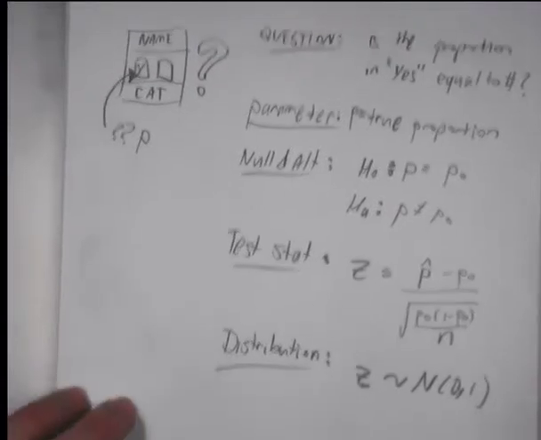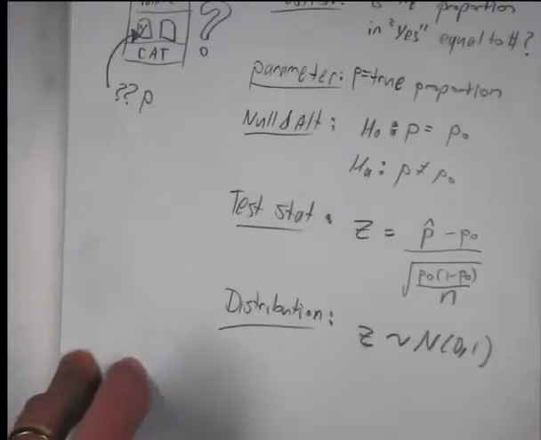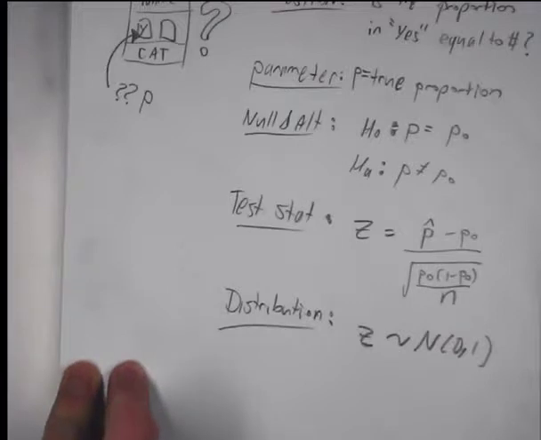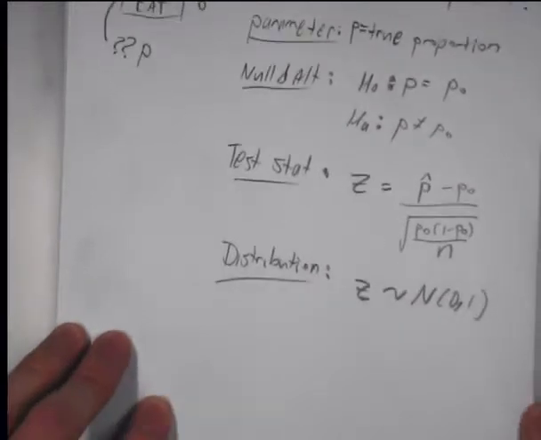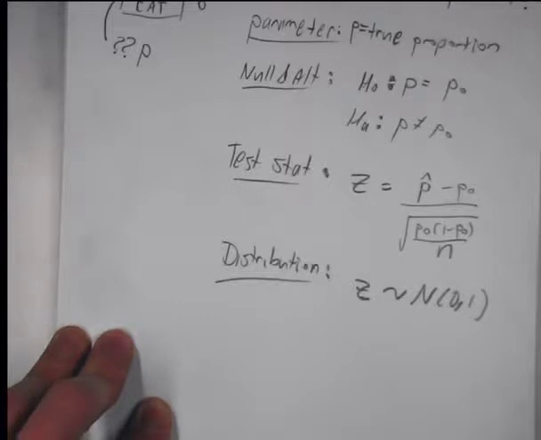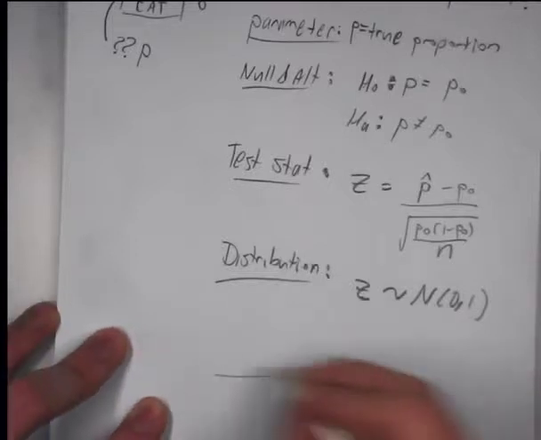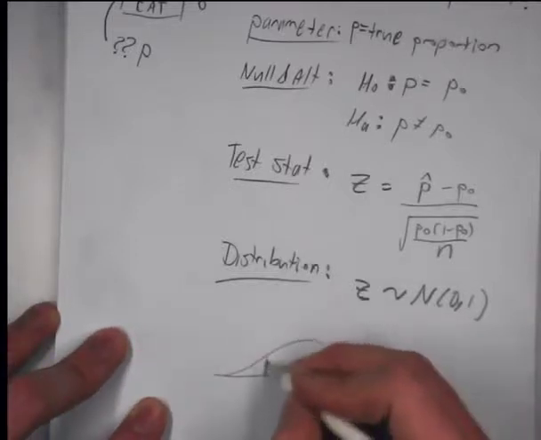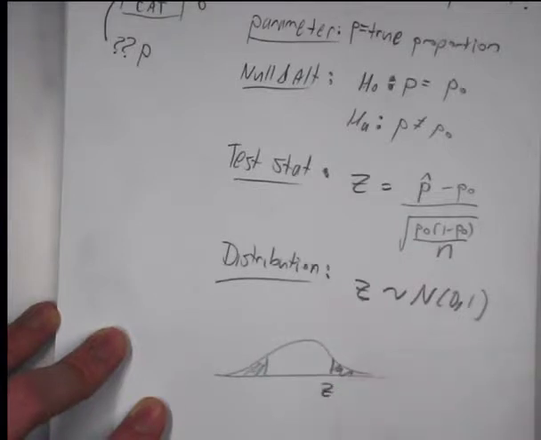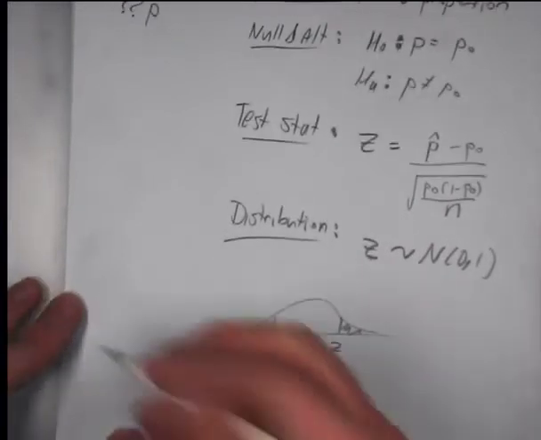Now technically that's only the distribution if the null hypothesis is true, because the only reason you know what that distribution is is because you assumed that the true proportion really was P0. And what's next? Assumptions, but the distribution will of course look like this. Same for all z's.